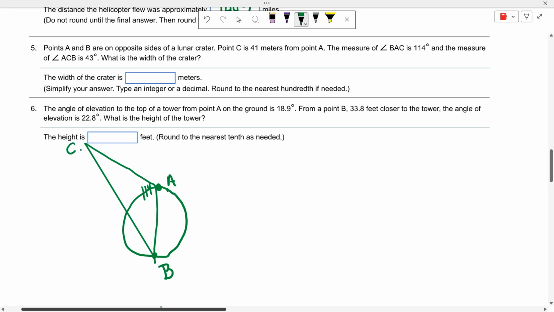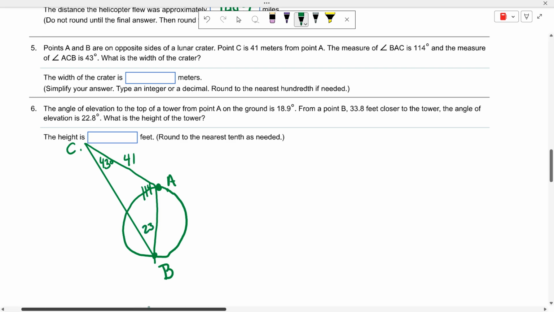C is 41 meters from A, and angle ACB is 43 degrees. So if I know this is 114 and this is 43, what's left for this angle down here? 23.